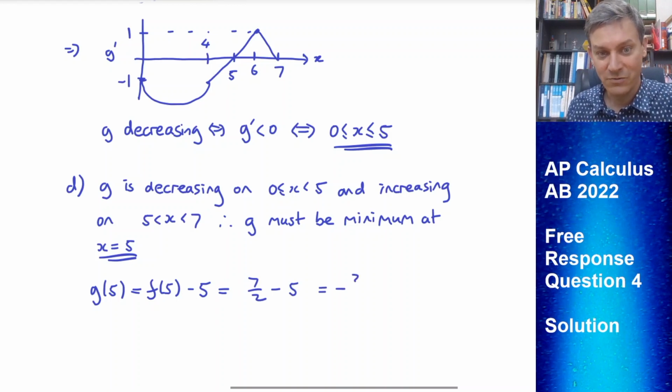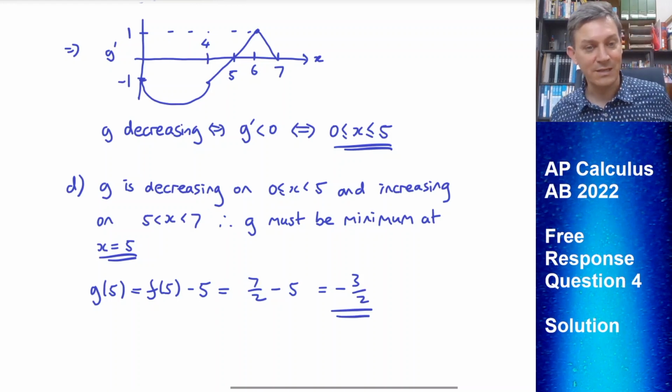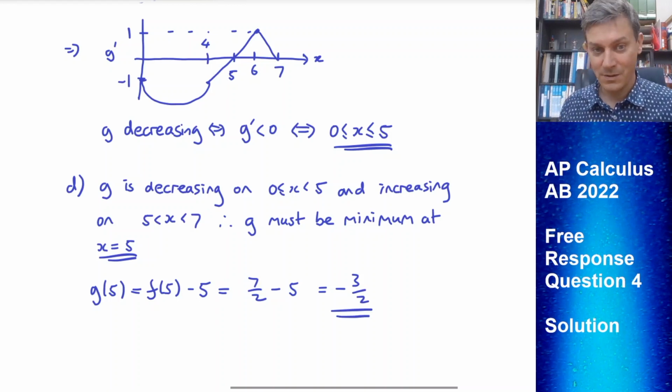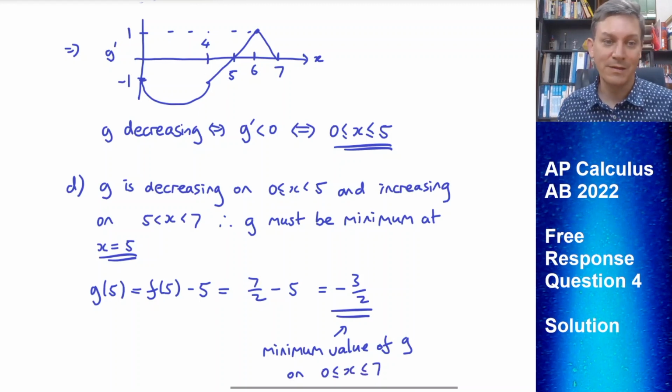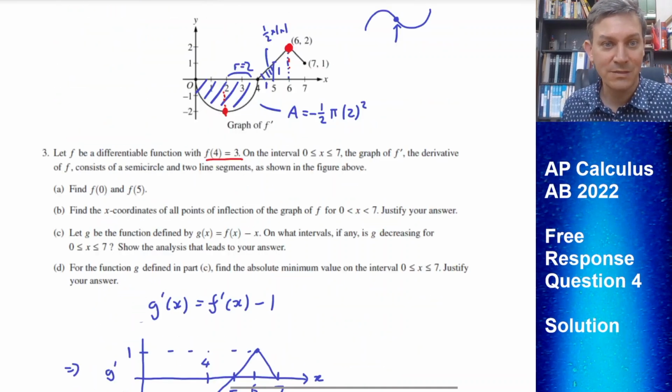So this gives you an answer of minus 3 over 2. So therefore the minimum value of g on this interval is minus 3 over 2. Okay, and that completes the answer to part D, and that completes this question.